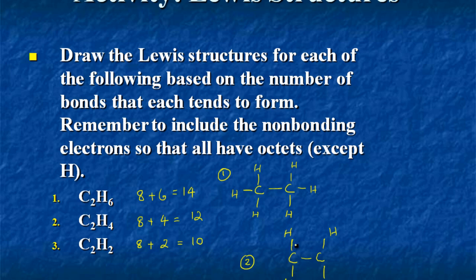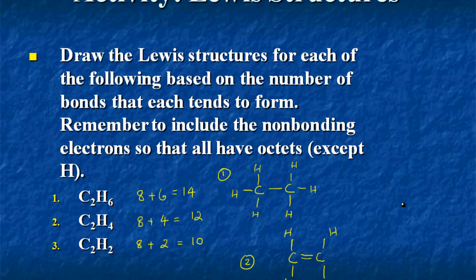We are using 10. We have 2 more electrons, and both carbons are not happy. So what do you do with those 2? You give them to both, so you show that as the double bond. Now all 12 are used.